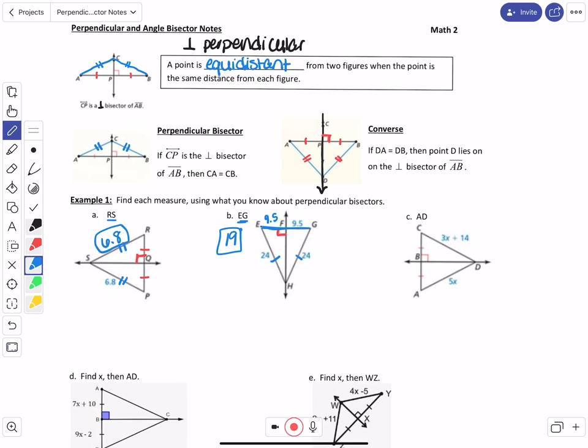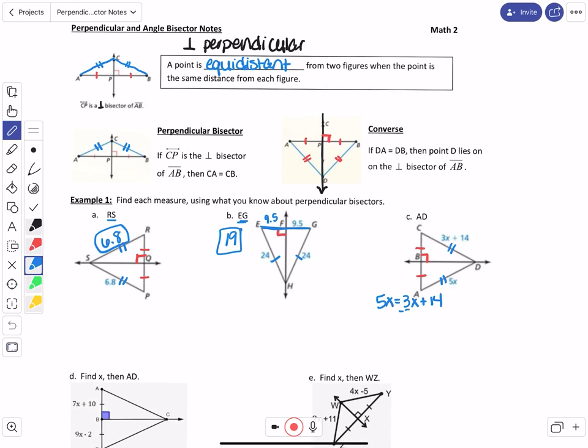So on C, we know that it's perpendicular, and we know that these are marked as being congruent. So we can conclude that those are congruent. We have to solve for x first. So we would do 5x equals 3x plus 14.